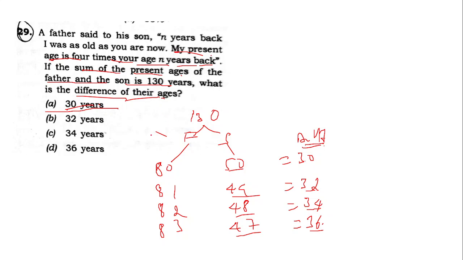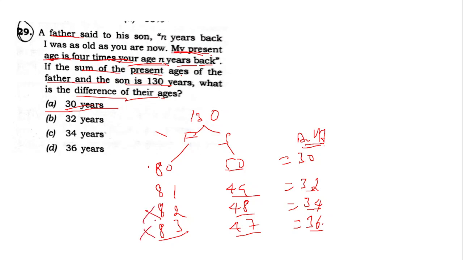I've taken now. Now look at one more important point mentioned. The father is telling, a father said to his son, my present age is 4 times your age n years back. He says that his age is 4 times. Can you see which number is a multiple of 4? Can we multiply with some number and get 83? Is it possible? No. 82 possible?